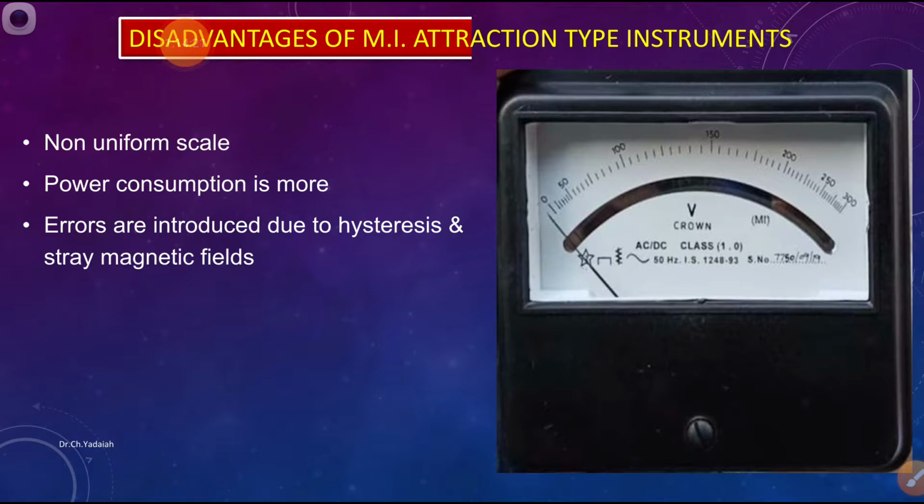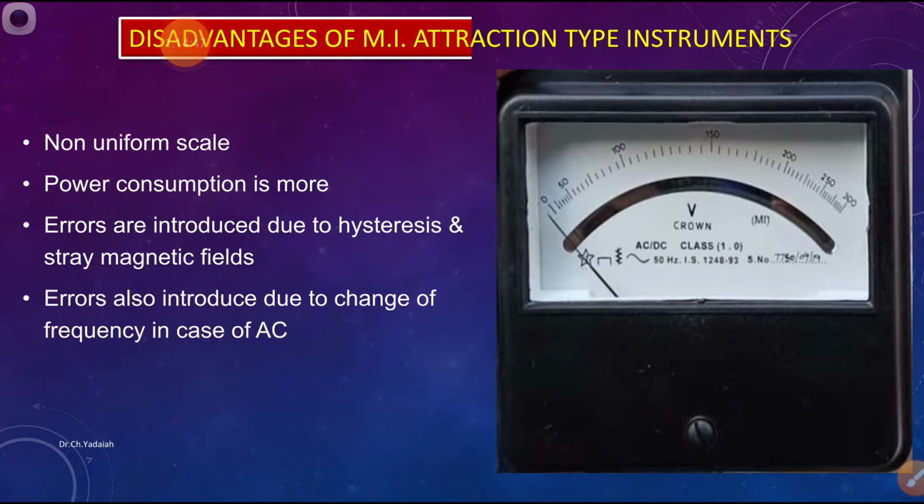If you use silicon materials, we can avoid hysteresis somewhat. The meter may also be subjected to other magnets placed beside it, and this magnetic field may affect our meter reading. So we have to shield it so that it avoids the external magnetic field. Otherwise, you have to remove all nearby magnetic materials, otherwise that disturbs our readings.